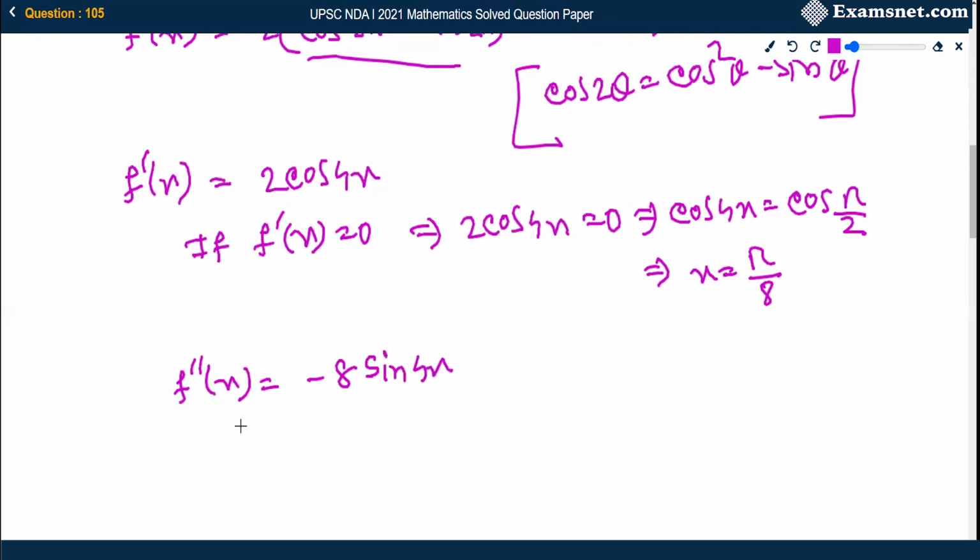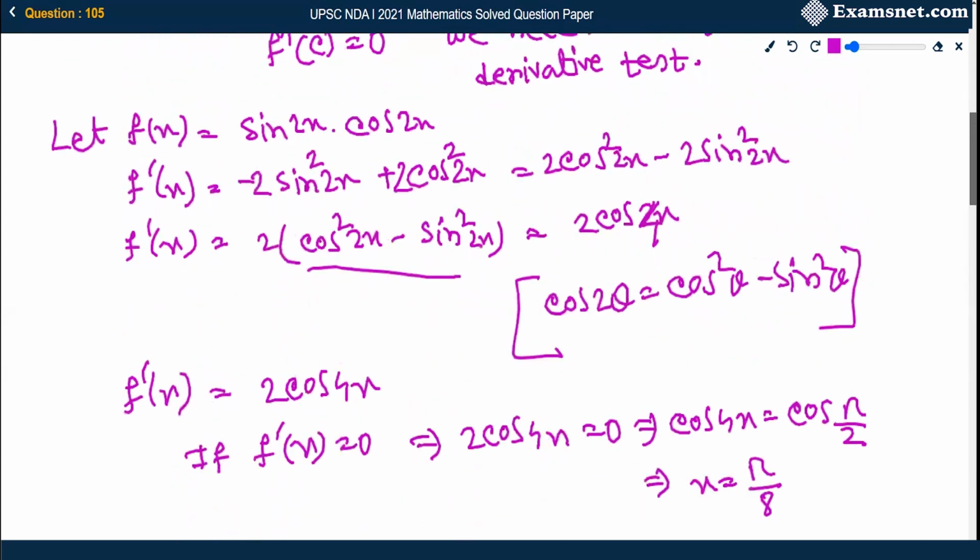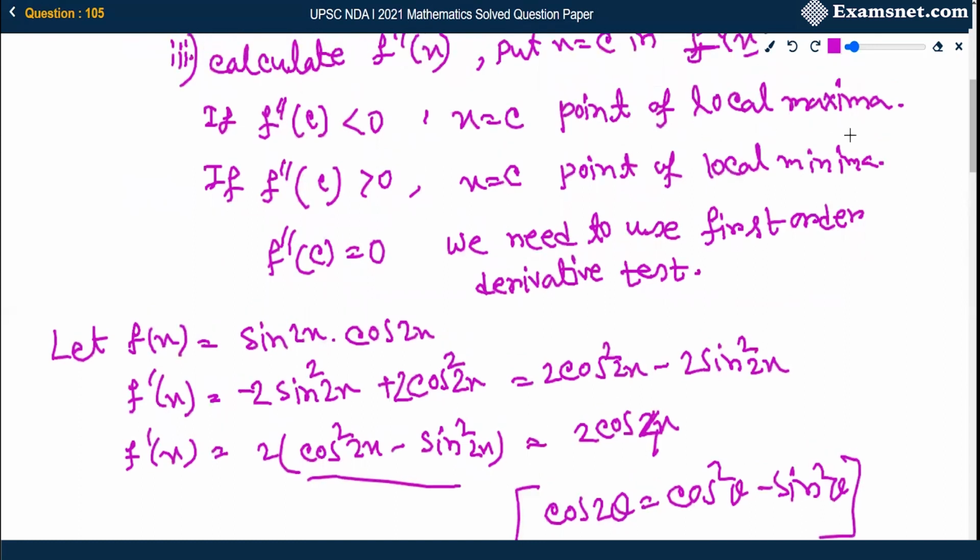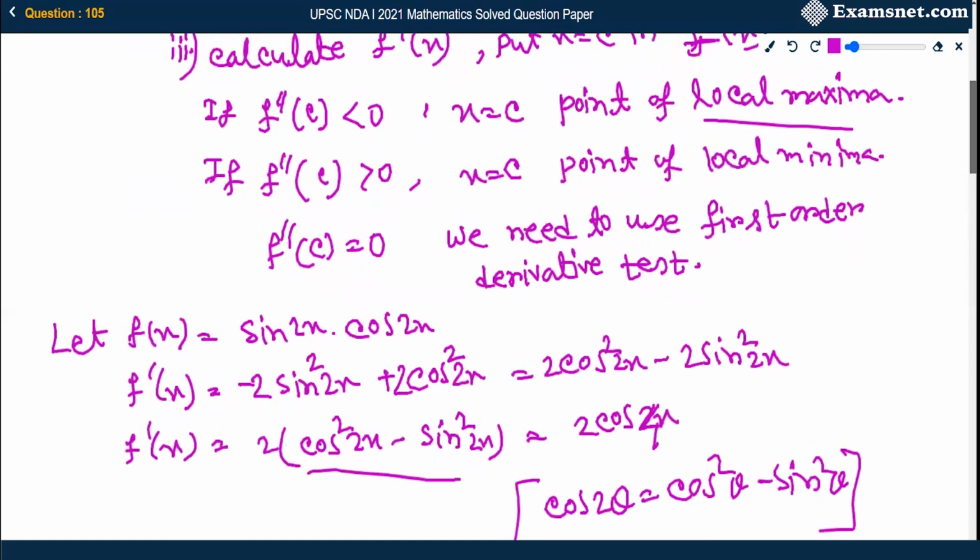Now if we put x equals pi by 8 in f double dash, we will get minus 8 sin pi by 2, that means minus 8, which is less than 0. Since f double dash less than 0, that is a point of local maxima, right?